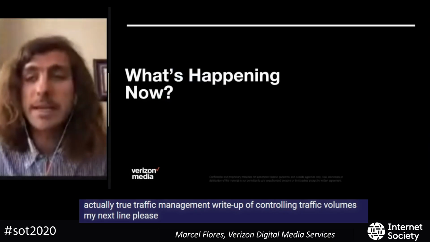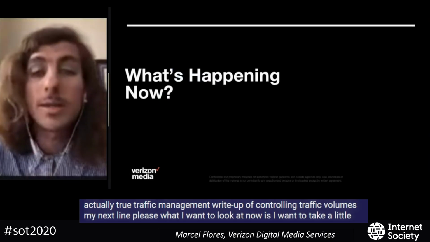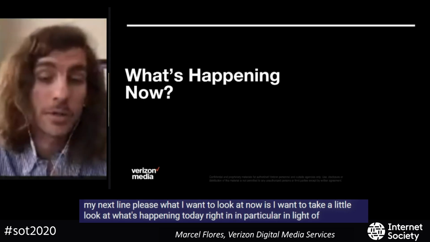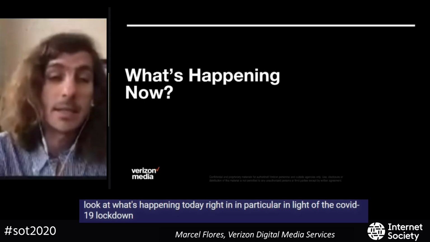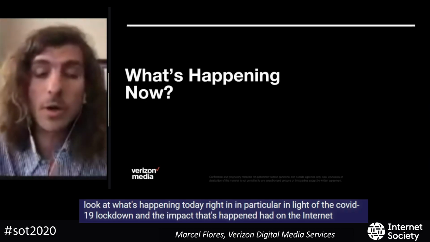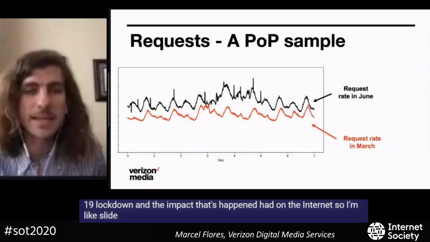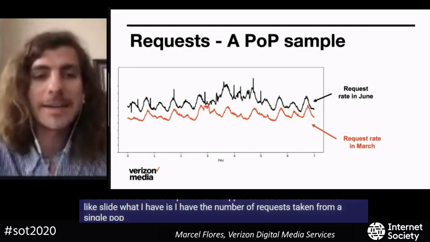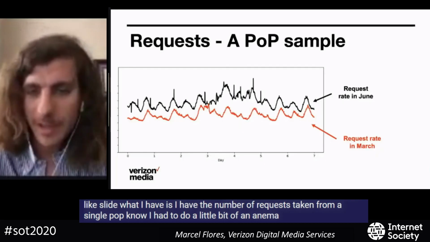Next slide, please. So what I want to look at now is what's happening today, right? In particular, in light of the COVID-19 lockdowns and the impact that's had on the internet as a whole. So on the next slide, what I have is the number of requests taken from a single POP. Now, I've had to do a little bit of anonymization, so sorry about that.